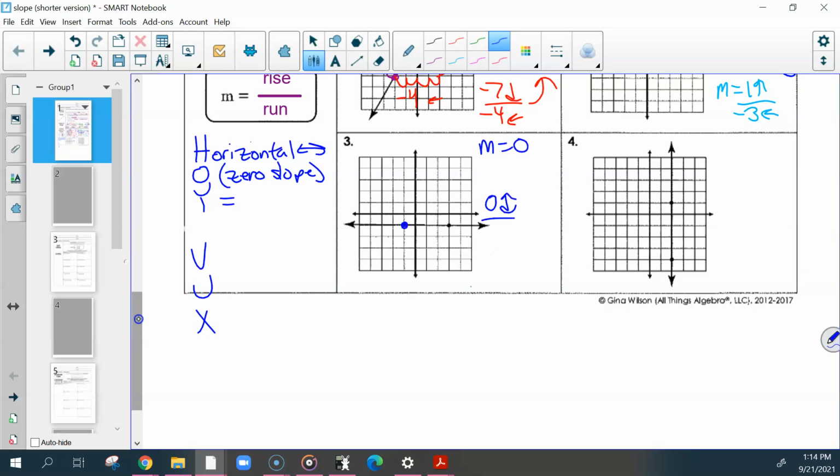I do have points here, but you could really choose any 2 points on there, count what that is. But 0 over anything is going to be 0. So you could count that, but if you know that horizontal lines have 0 slope, then you don't have to.